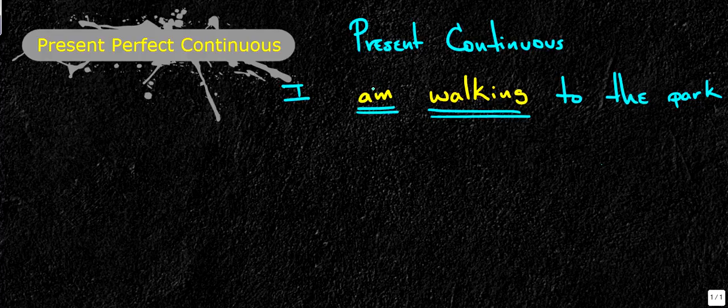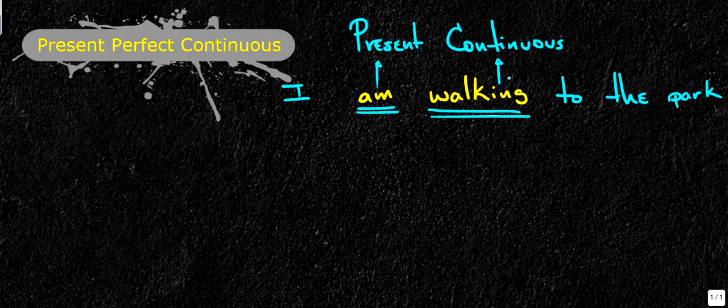Now notice how the verb to be is conjugated in the simple present form. And the verb to walk is conjugated in the gerund form or the present participle form. And every time that we talk about continuous, we are talking about present participle or gerund. So pay attention to that, to the first verb in simple present and the main verb in gerund or present participle.